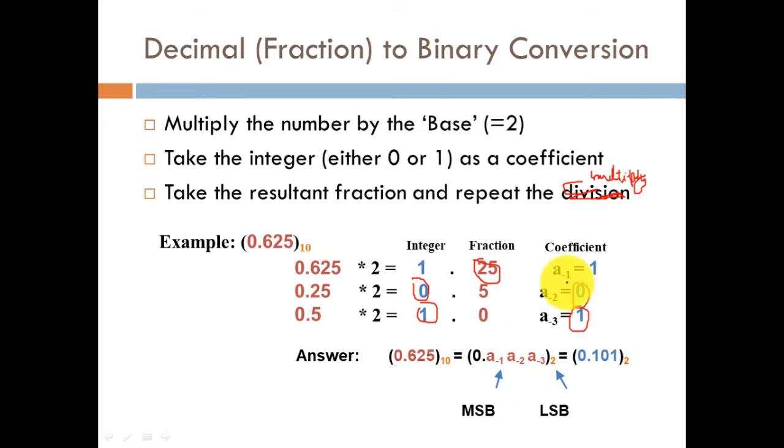So 0.a of minus 1, that is 1, then 0 and 1. Here we have to write them in the same order. So the binary equivalent of the decimal fractional number 0.625 turns out to be 0.101 of base 2. Here your MSB turns out to be a of minus 1 and your LSB turns out to be a of minus 3.